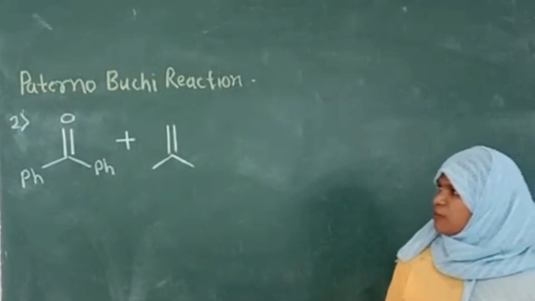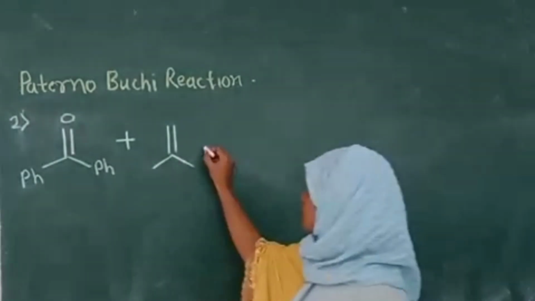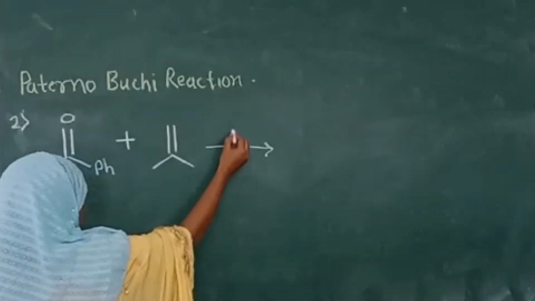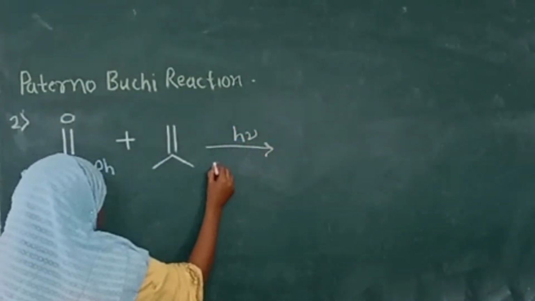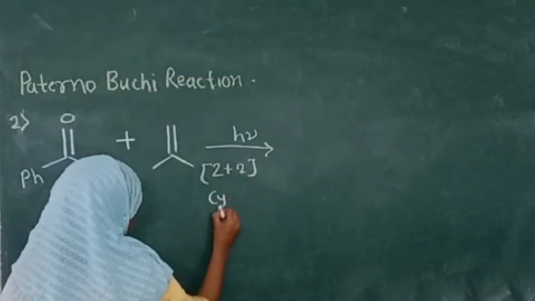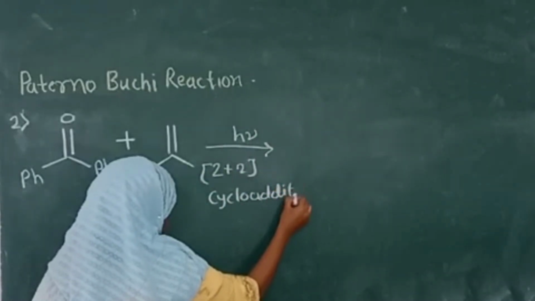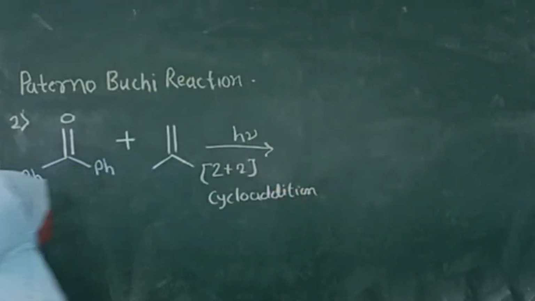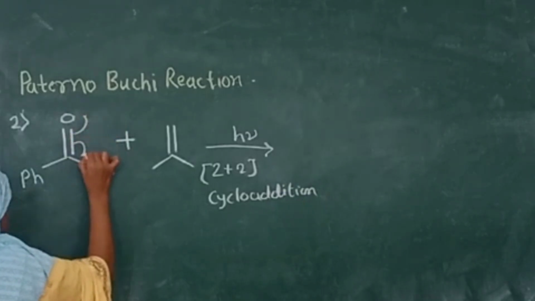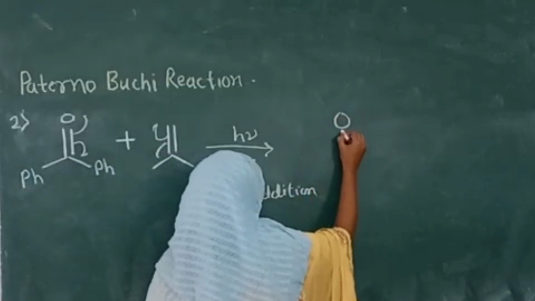Let's see the second example of the Paterno Buchi reaction. What will be the product? We already discussed the mechanism. Under these photochemical conditions, it undergoes 2+2 cycloaddition. The product is an oxetane, with formation of radical.